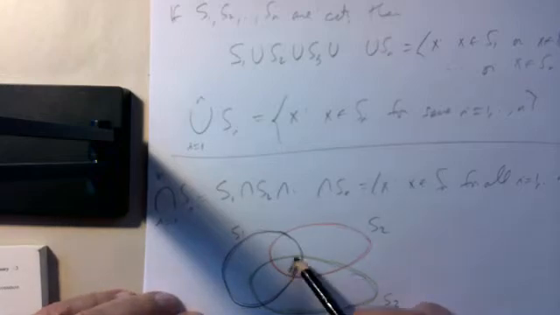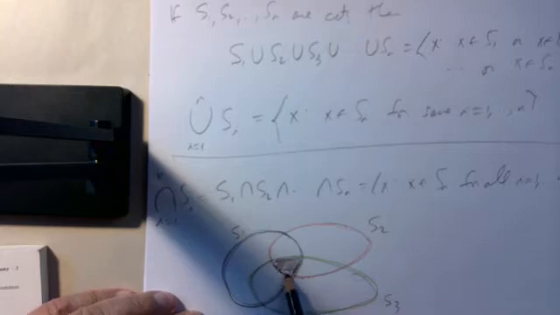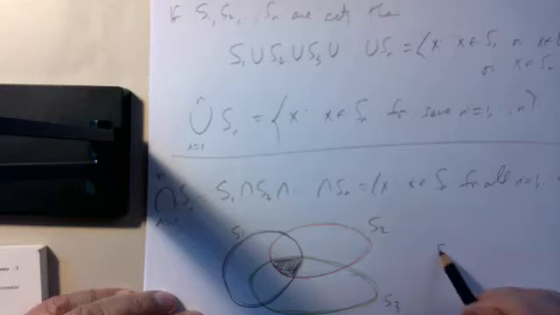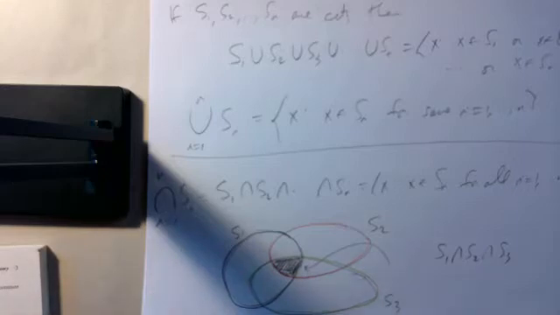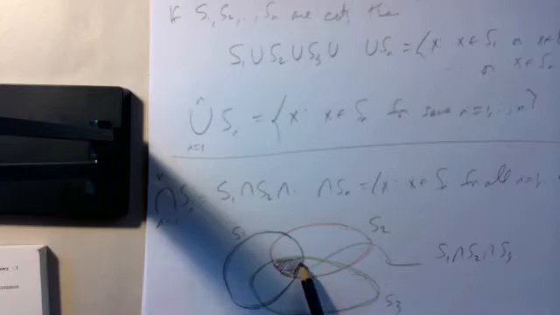It's these. These are the elements that are common to all three sets. So that's the intersection of the three sets.